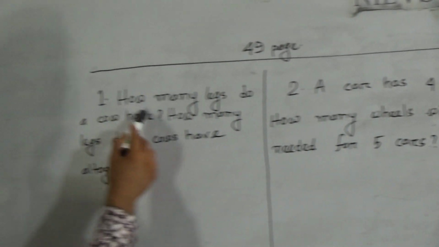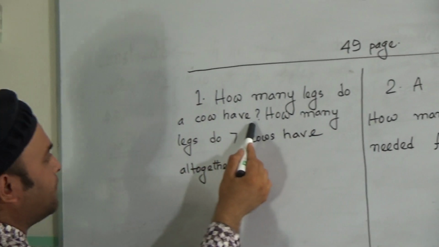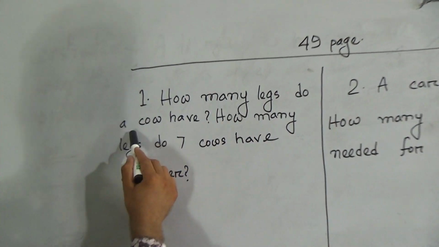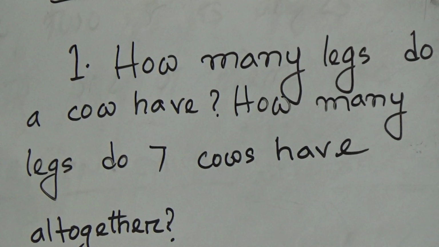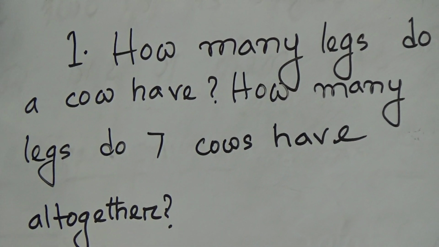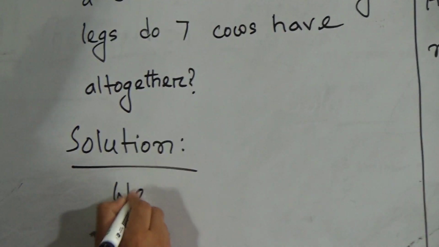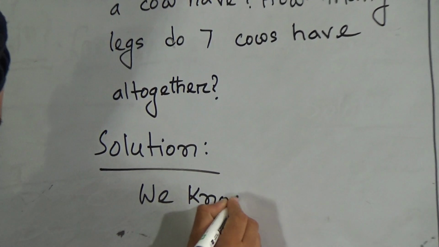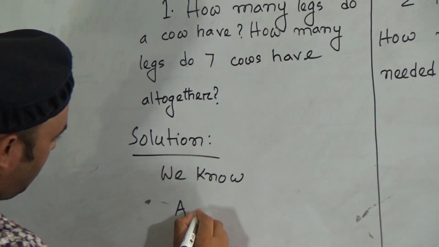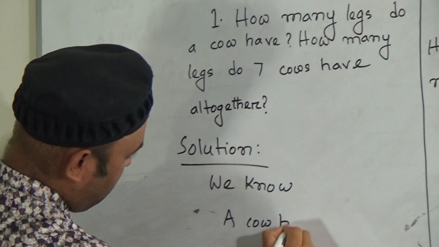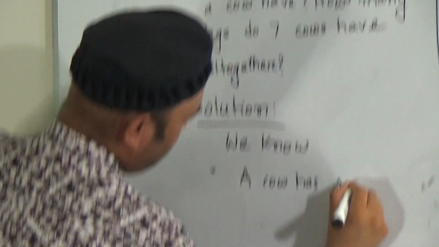On page 49, question number 1: how many legs does a cow have? We know that a cow has 4 legs.